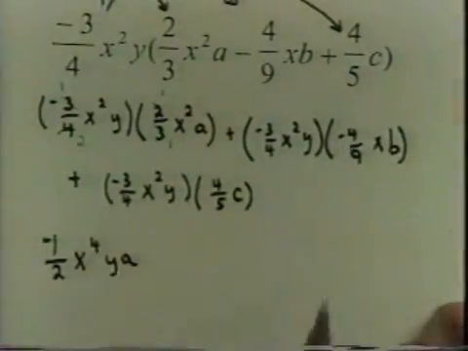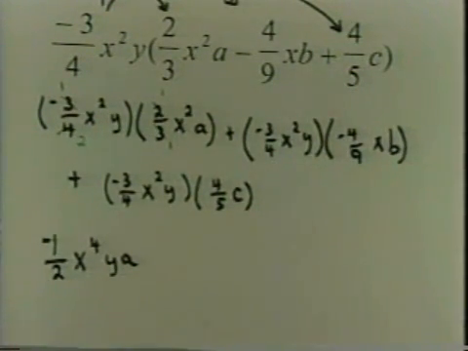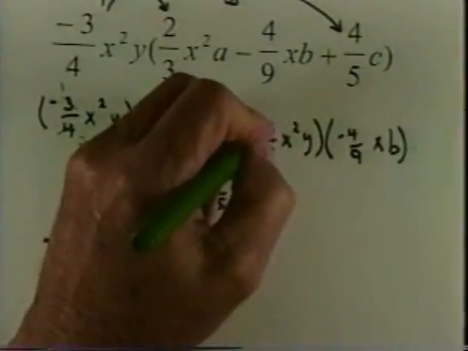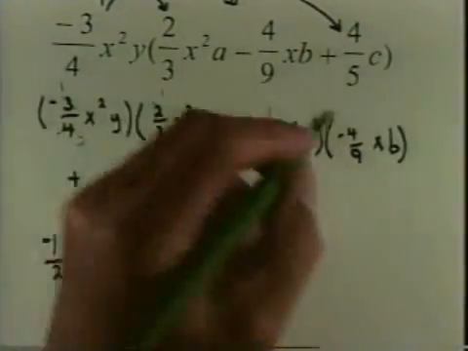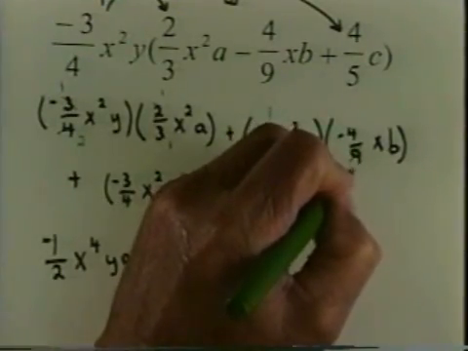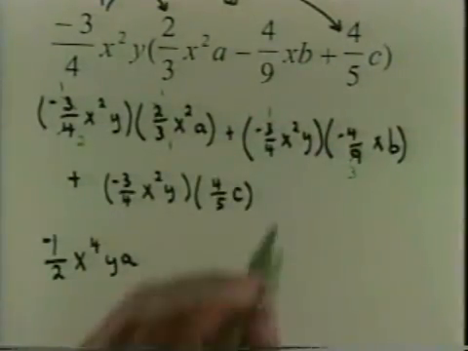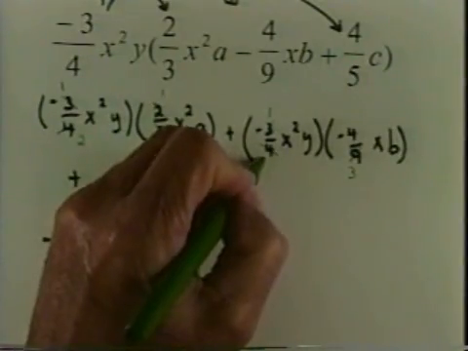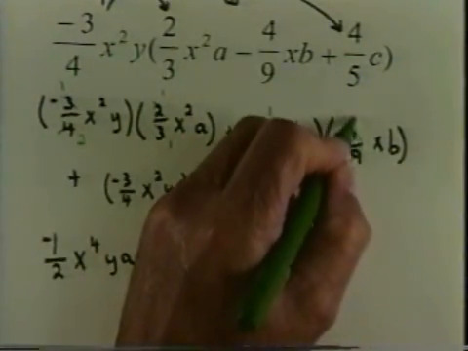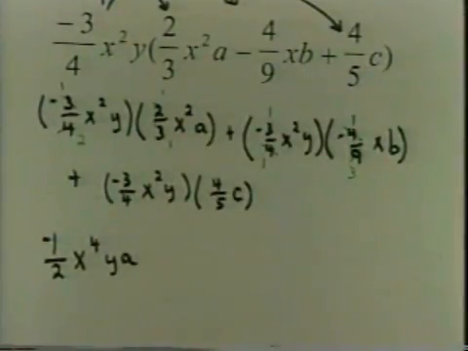For the second one, again I can reduce before I multiply. 3 goes into 3, 1. 3 goes into 9, 3. 4 goes into 4, 1. 4 goes into 4, 1.